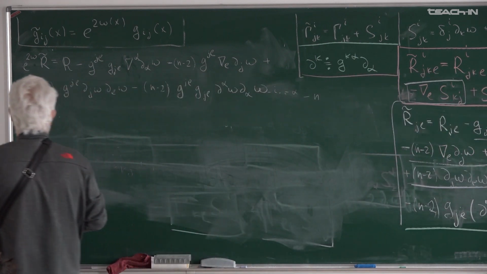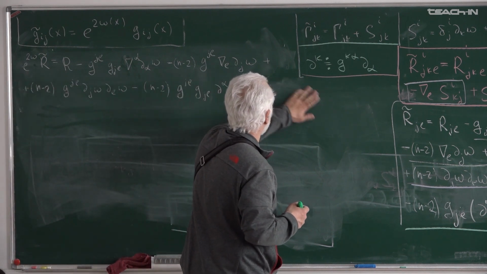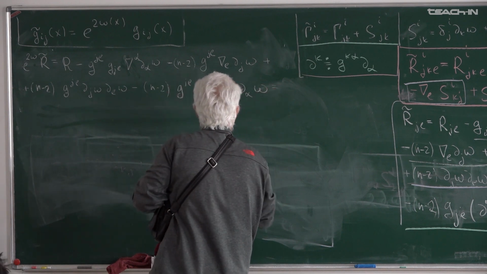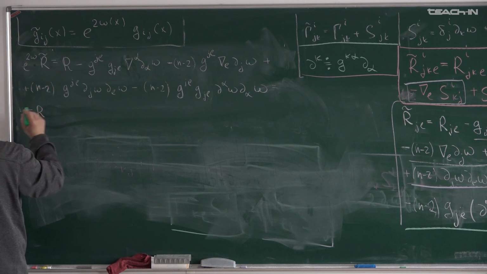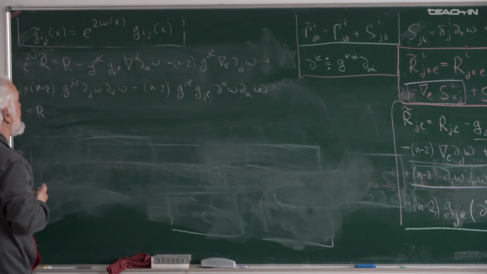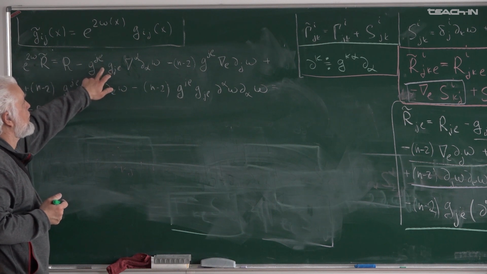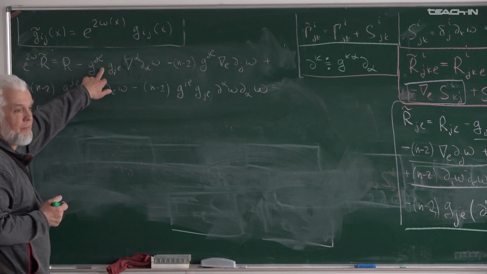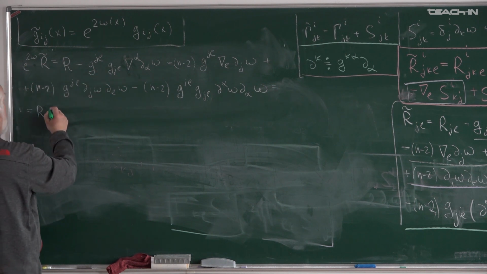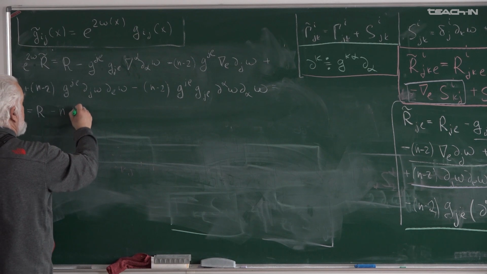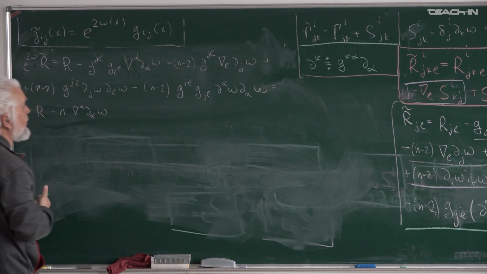Let's have a look. Is equal to R. This is the trace, you agree, of the unit matrix. The trace of the unit matrix, therefore, the alpha omega.